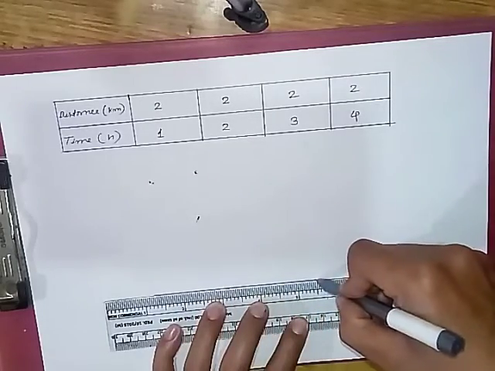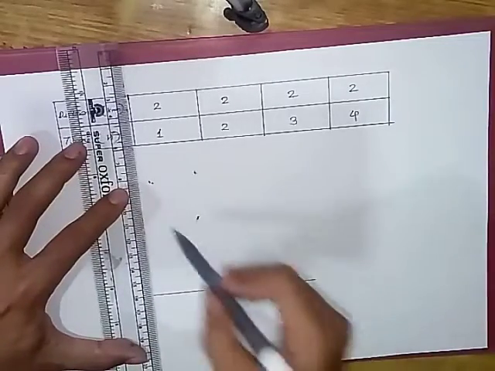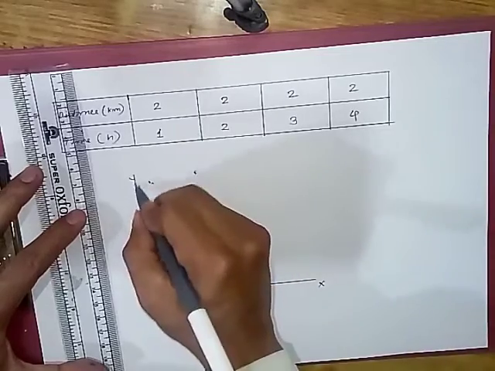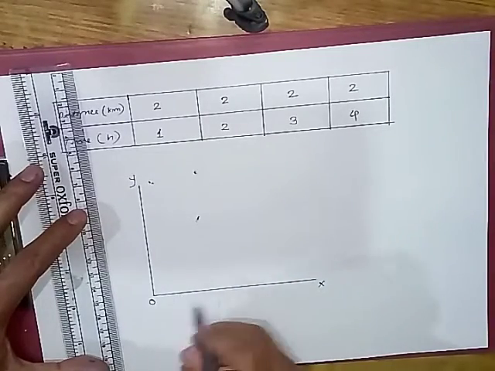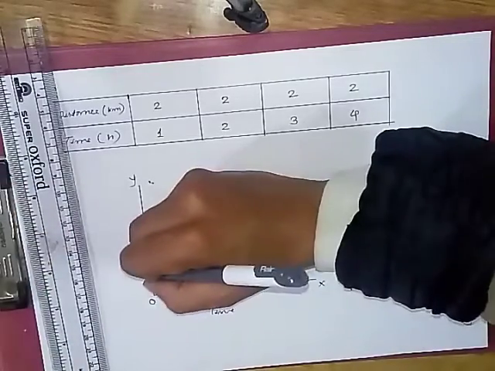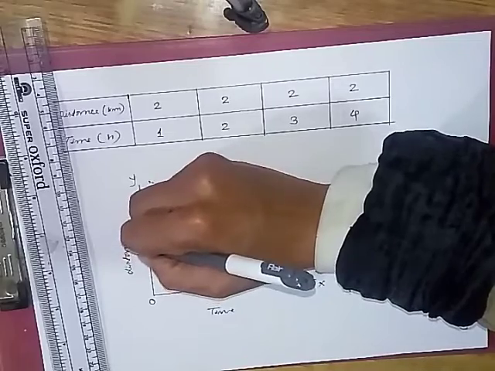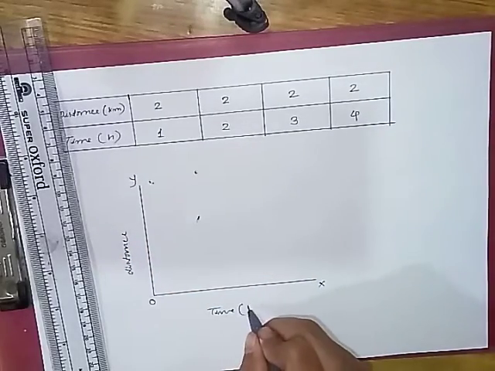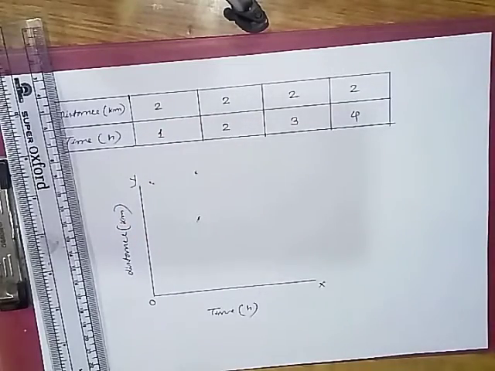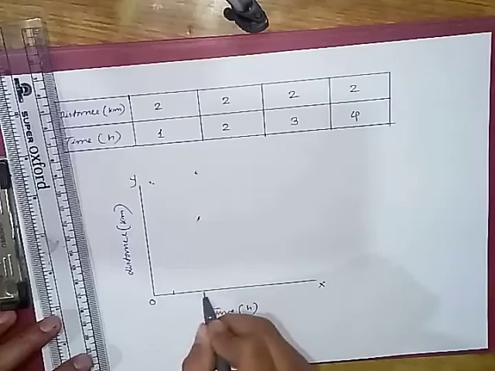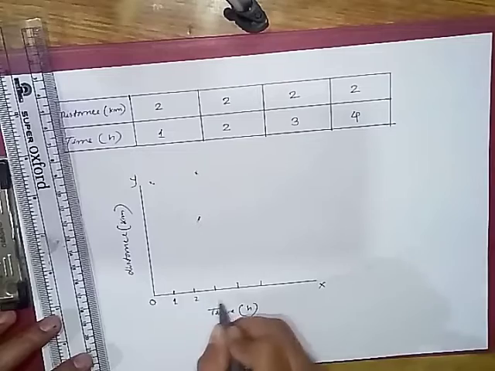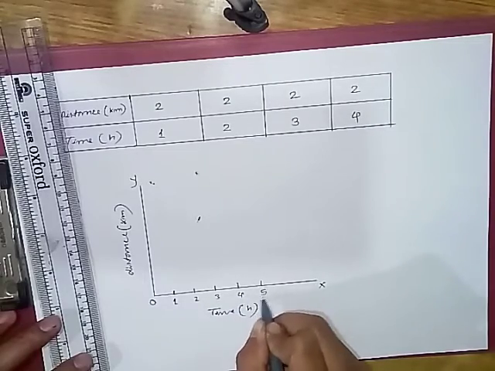We draw the horizontal axis and then the vertical axis O, X, Y. So this is time and this is distance. Time in hour, distance in kilometer. So now write the values of time. 1 hour, 2 hour, 3 hour, 4 hour, 5 hour.